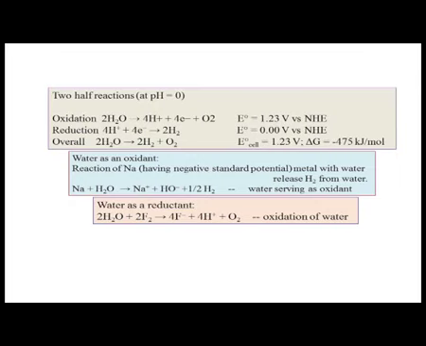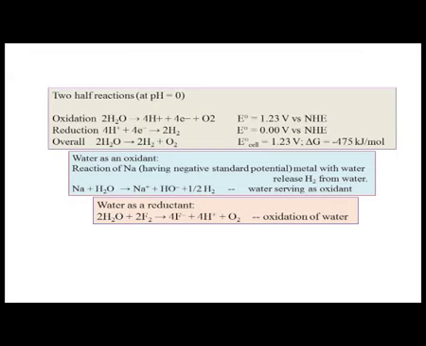So, for water, at pH 0, we know the electrolysis of water. At one electrode we produce oxygen and at another electrode we produce hydrogen, and these are the E0 values. This is the standard hydrogen electrode value, which we consider as 0.00.